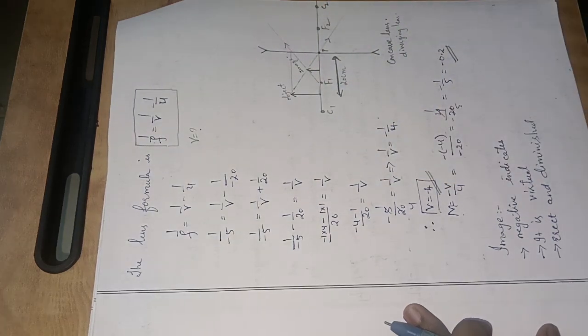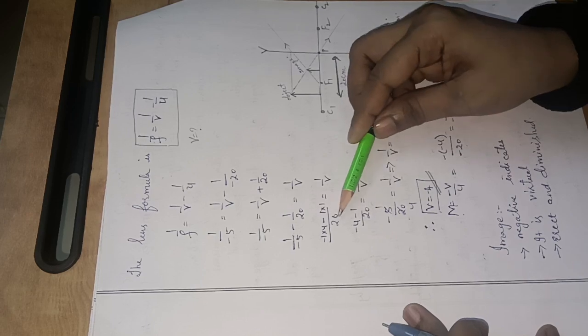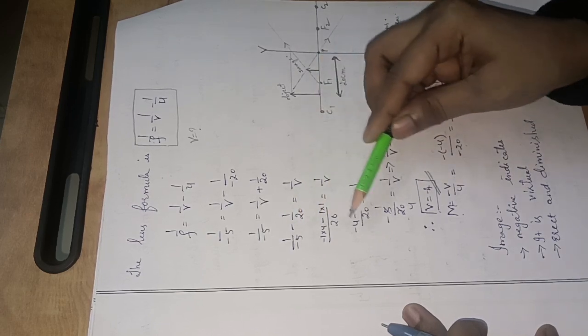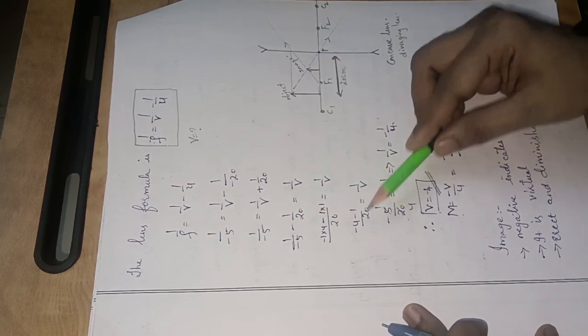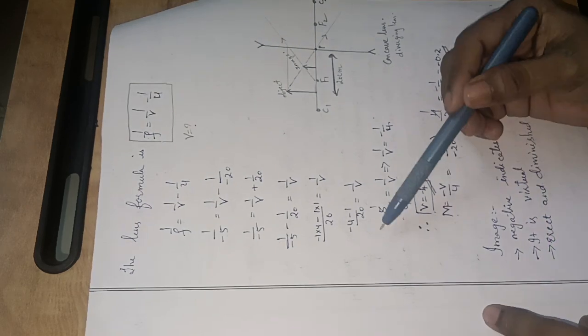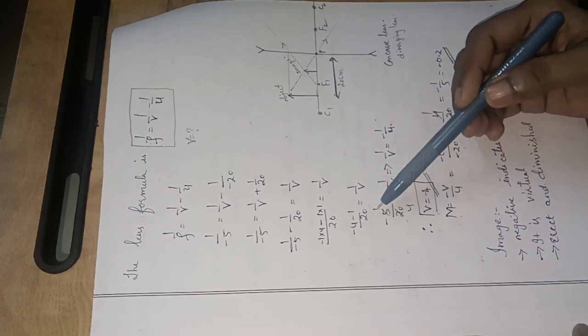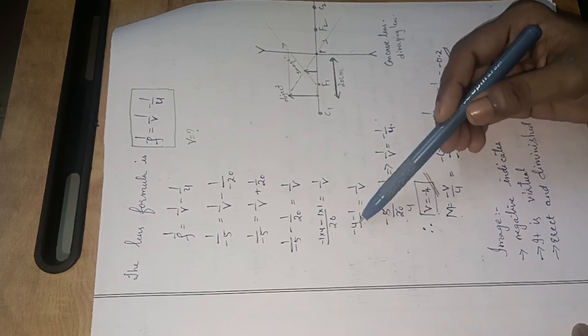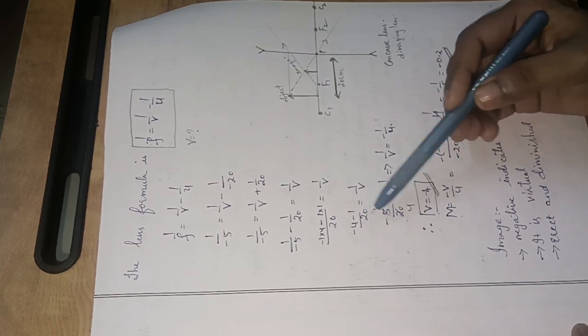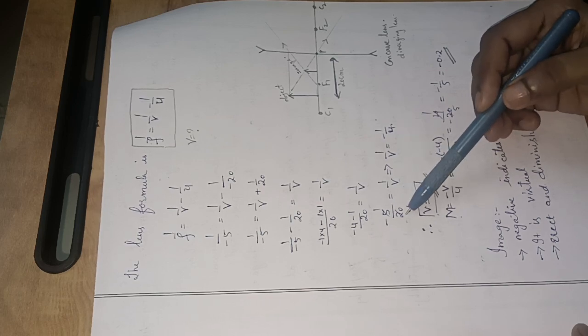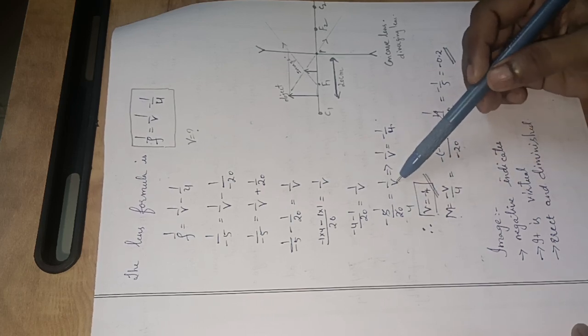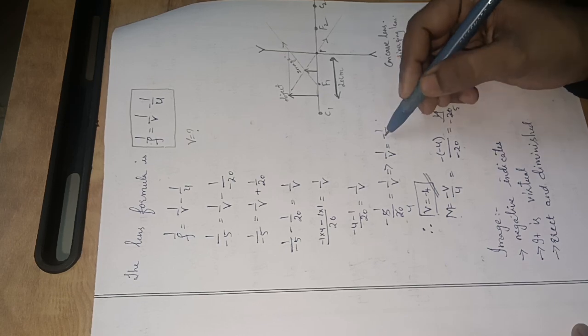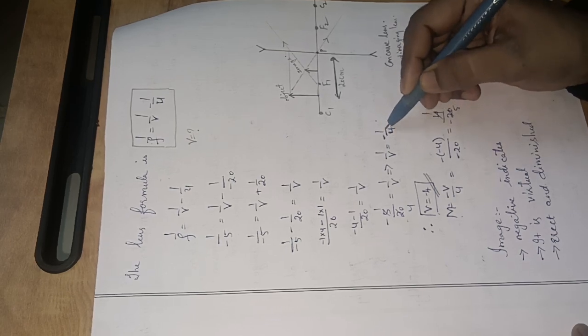Now let's move to the simplification of this with the help of LCM. You will get minus 4 minus 1 by 20, which becomes minus 5 by 20 is equal to 1 by v. So 1 by v is equal to minus 1 by 4.